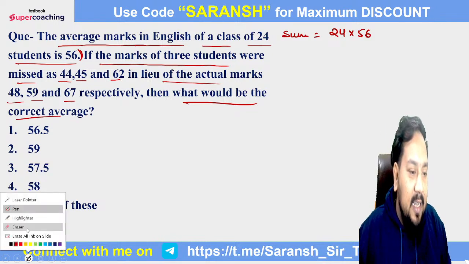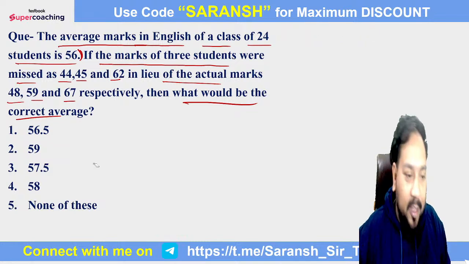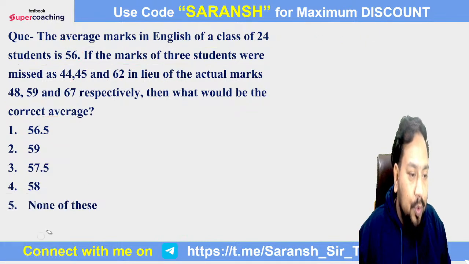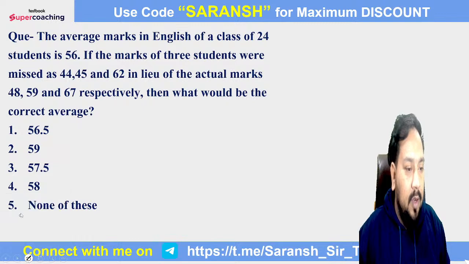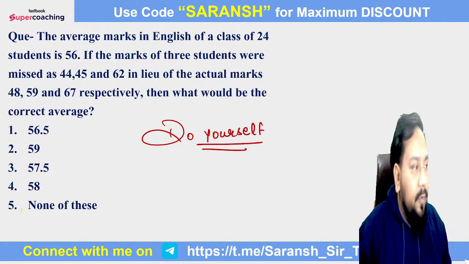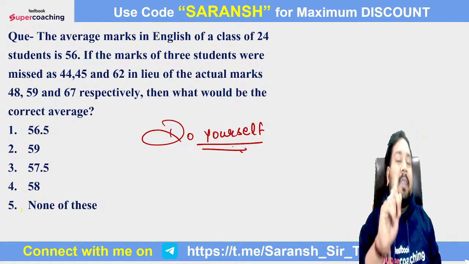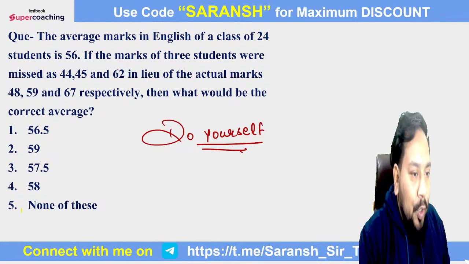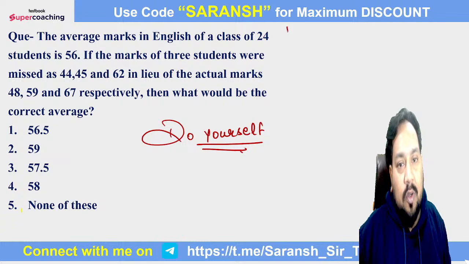Just take a screenshot and I will send the PDF in the group, and you have to do this yourself. We will solve it in the Telegram group chat. So this one is also your homework.